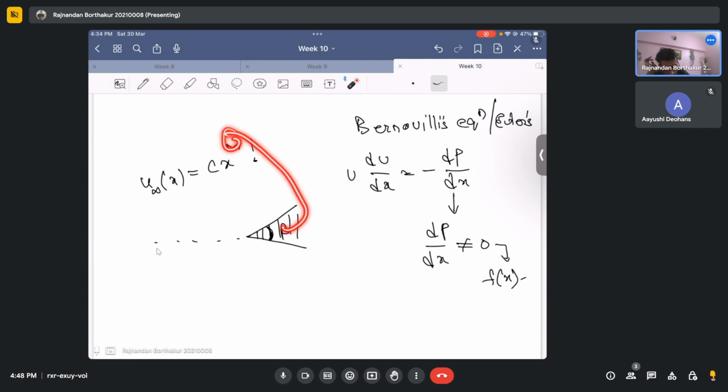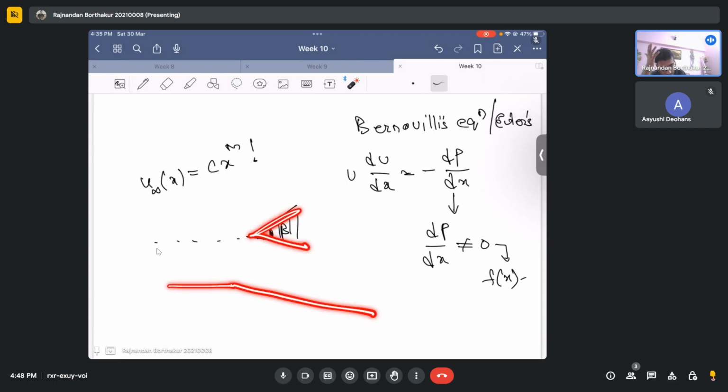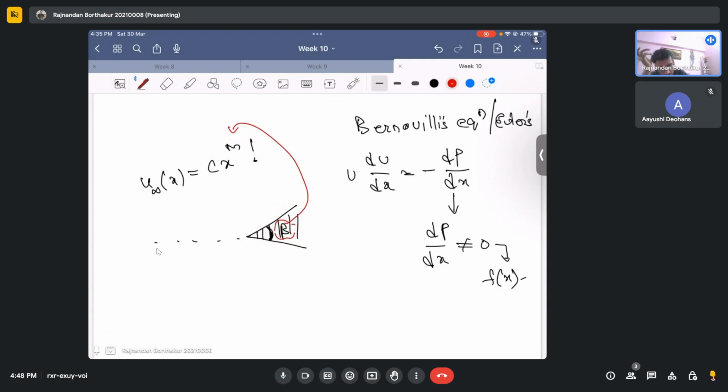Depending on the sign of m, you can have something like this. This is maybe one kind of profile; they give some name to it. Then depending on this angle beta, if your beta is obtuse, you can have this. So it all depends on this beta, and you can relate this wedge angle beta to m.